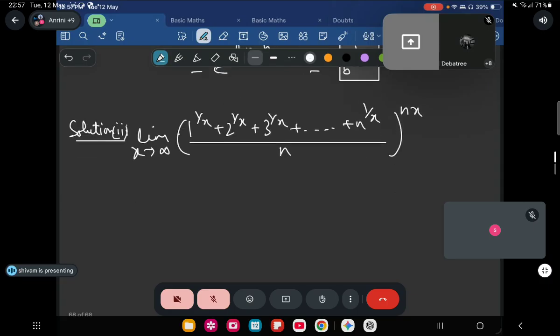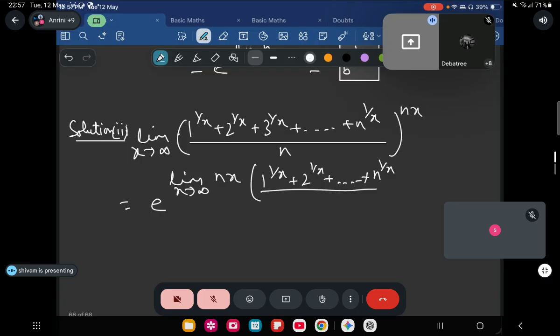So this will become e to the power limit x tends to infinity, nx into (1 to the power 1 by x plus 2 to the power 1 by x plus dot dot dot plus n to the power 1 by x) divided by n, minus 1.